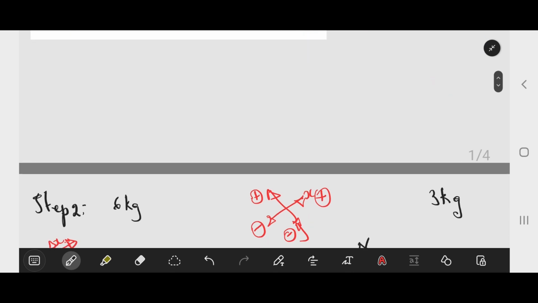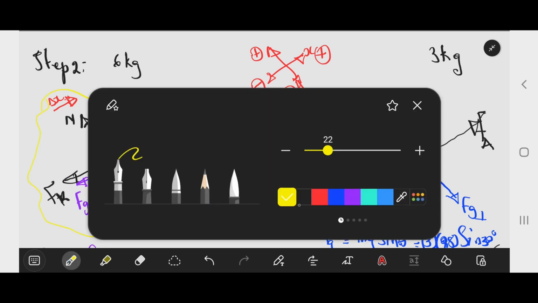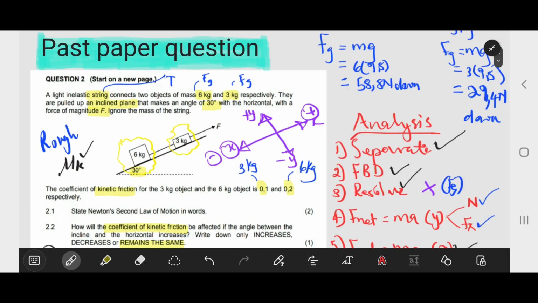That is the free body diagram for the 6 kg. Remember, you can also draw the one without resolving Fg. So it's either you use this one with components, but these two components would be marked as one force, so that would be one mark for the two components.